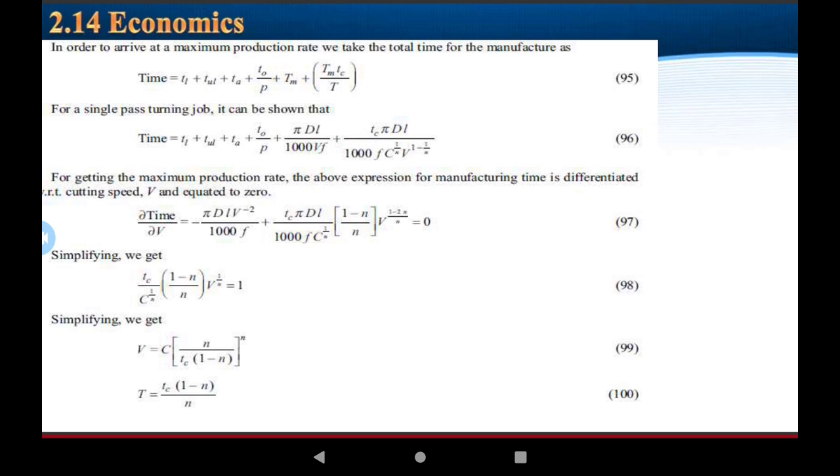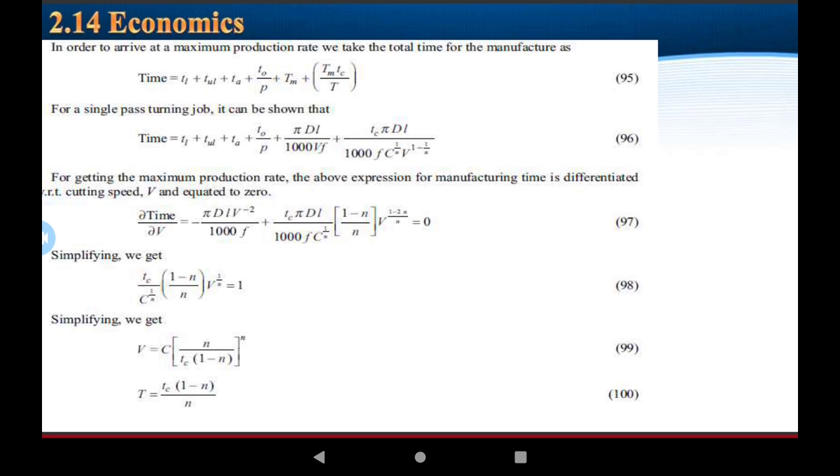T1 is the loading time, TU1 is the unloading time, TA is the transport time, and T naught by P upon Tm plus Tm upon Tc upon capital T. The overall time for the tool in a single pass turning of a job, for the first job, is T1 plus TU1 plus TA plus T naught by P plus pi d L by 1000 V F plus Tc pi d L upon 1000 F, C to the power 1/n, V to the power 1 minus 1/n.